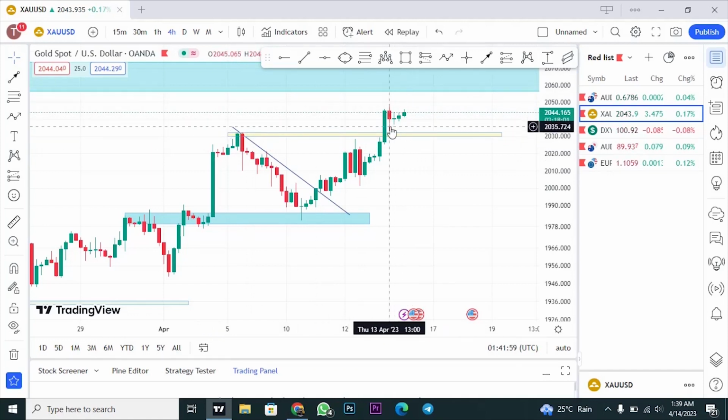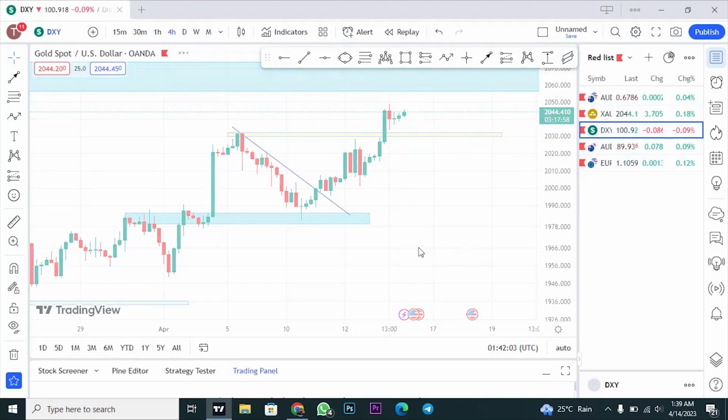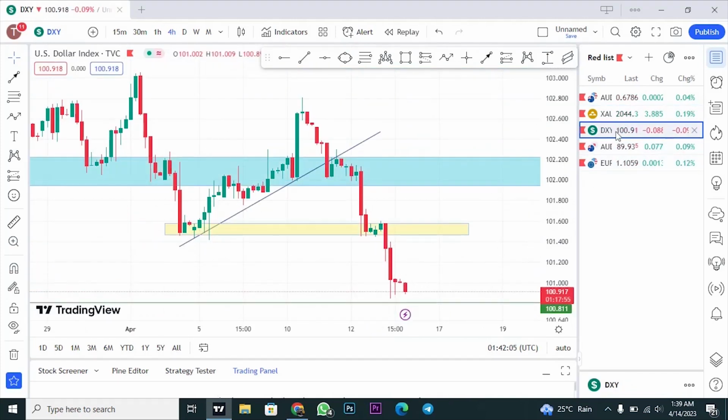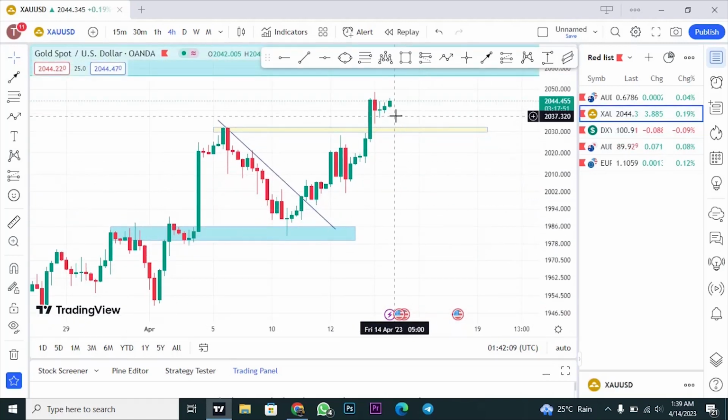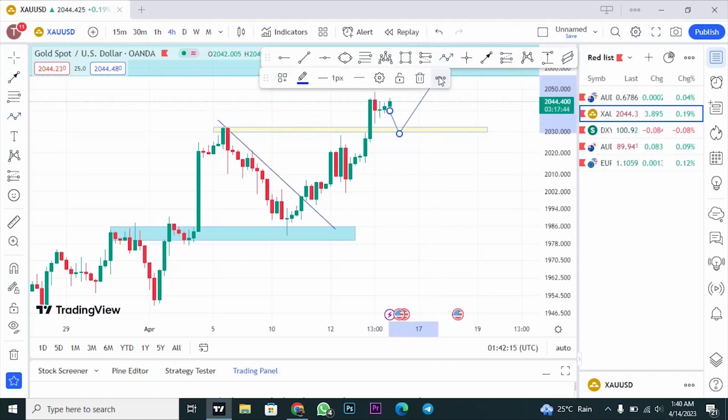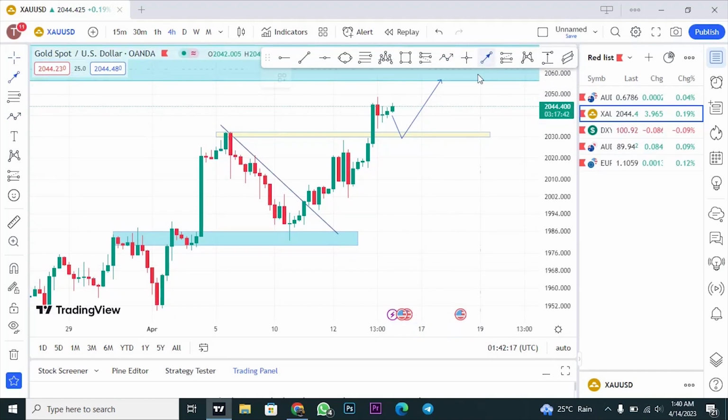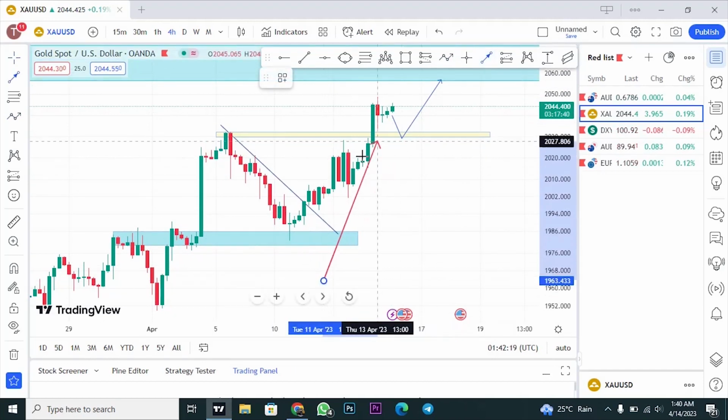Now since we are looking for DXY to push a little bit to the upside, I will look for gold to also push a little bit to the downside before another push to the upside, because you can see we have a big impulsive move right at this point.